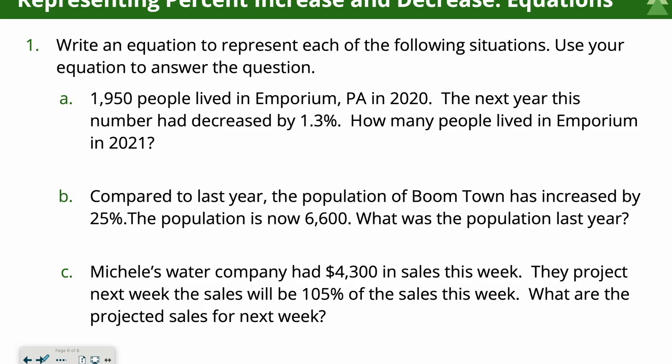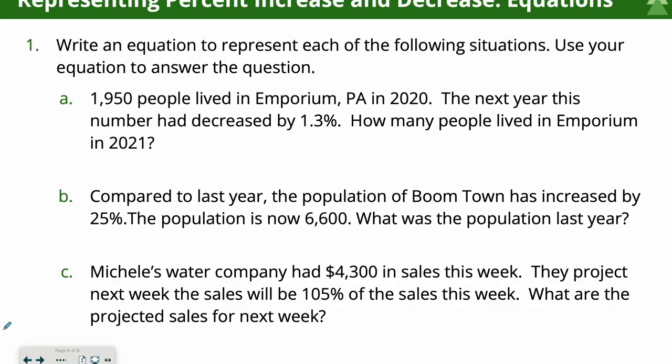So for each of these, you were to write an equation to represent the situation, and then use your equation to answer the questions. In letter A, 1,950 people lived in Emporium, PA in 2020. The next year, this number had decreased by 1.3%.